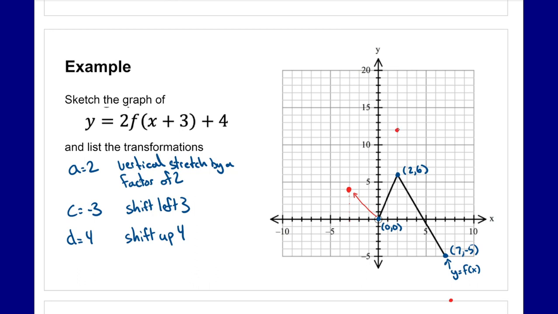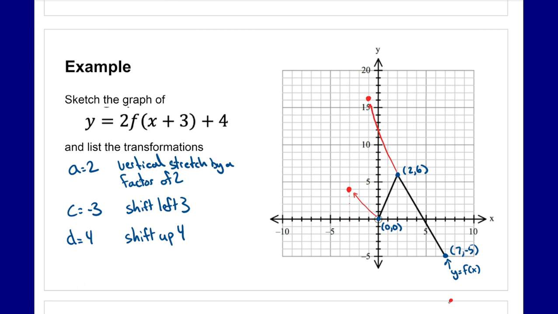This next point, I'm going to shift it left 3, so 1, 2, 3, up 4, 1, 2, 3, 4. That's where that point is going to go. And this one on the bottom, I'm going to shift it over 3.